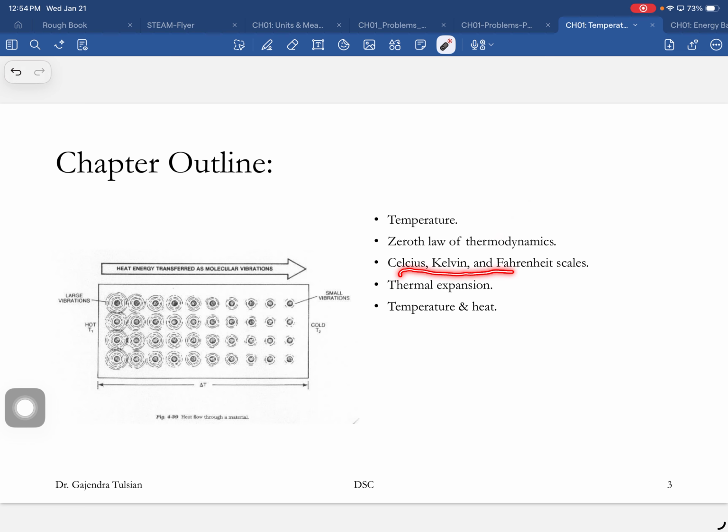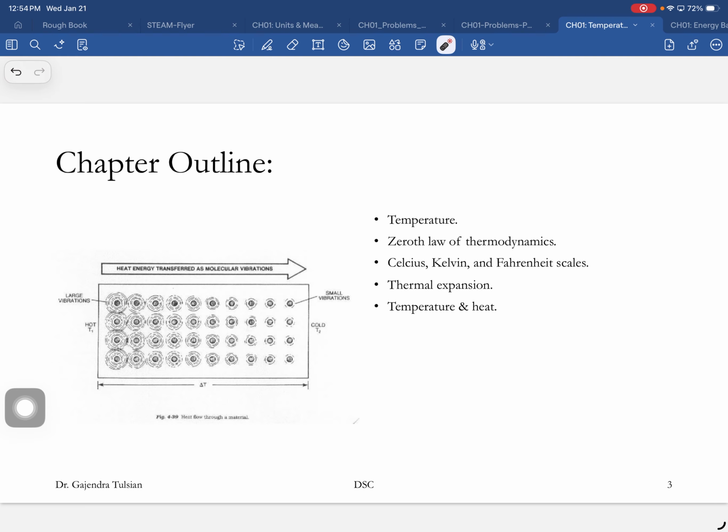Here are the 3 commonly used scales for measuring temperature: the Celsius, Kelvin, and Fahrenheit scales. When you heat something, so when I heat this table, what happens?